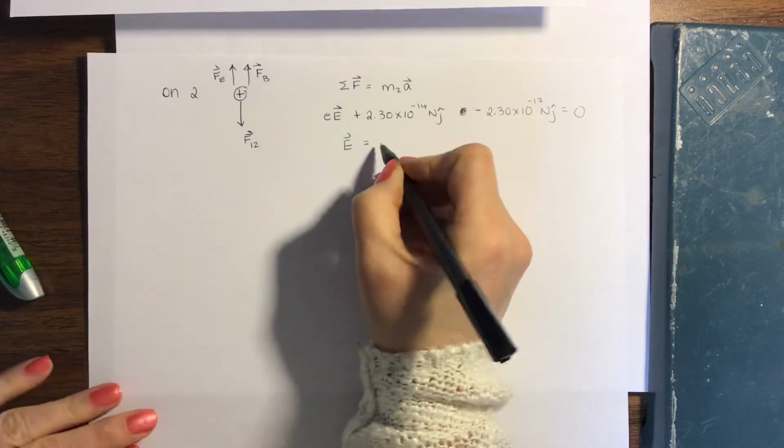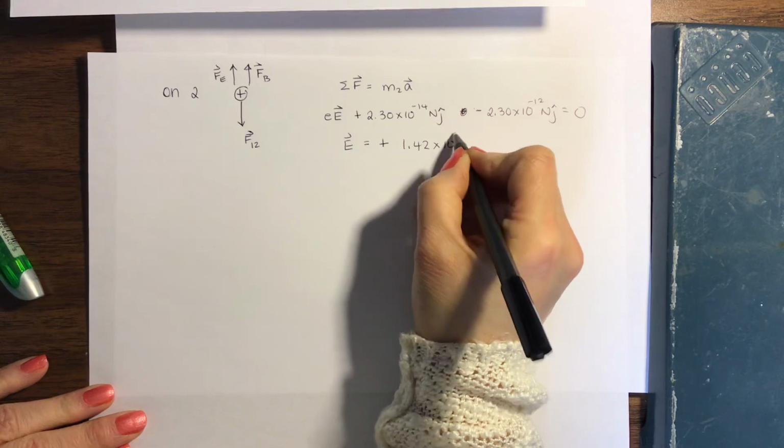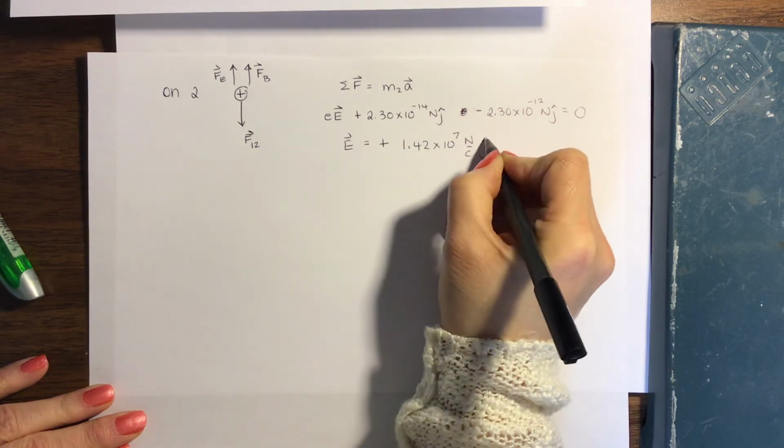Solve for E, and for this electric field we get positive 1.42 times 10 to the 7 newtons per coulomb J hat.